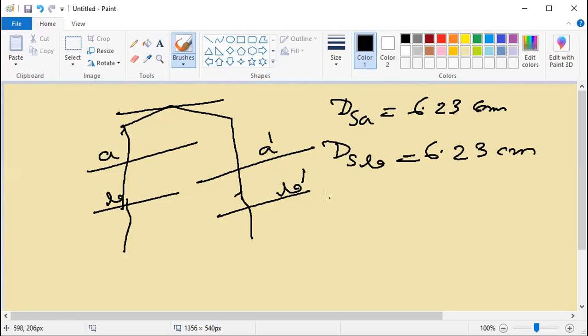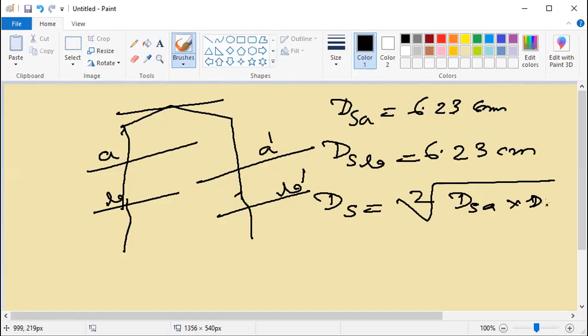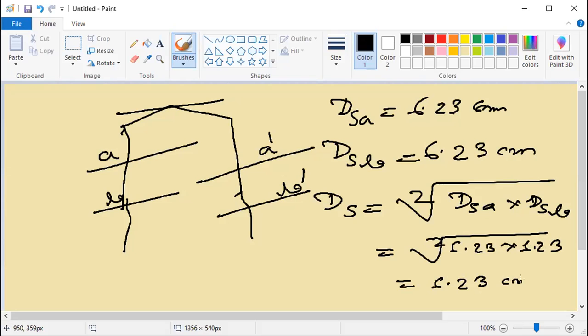Now DS will be the square root of DSA into DSB, so the square root of 6.23 into 6.23, which is basically 6.23 centimeter.